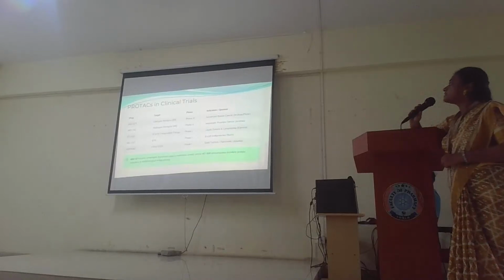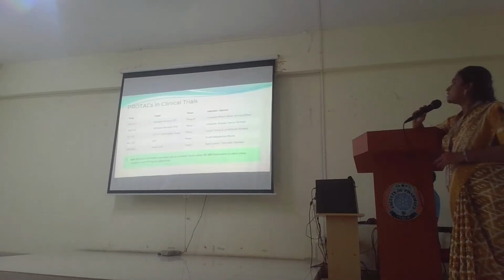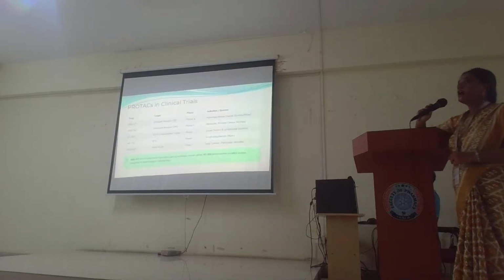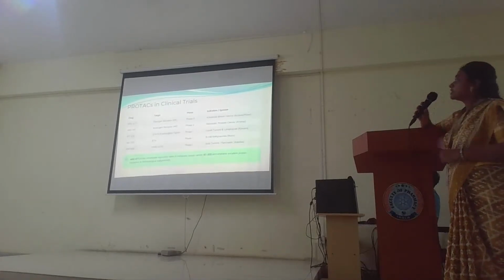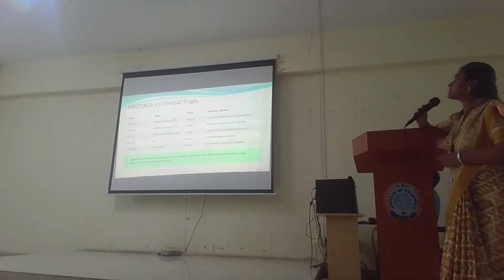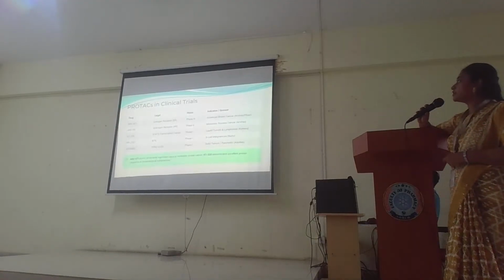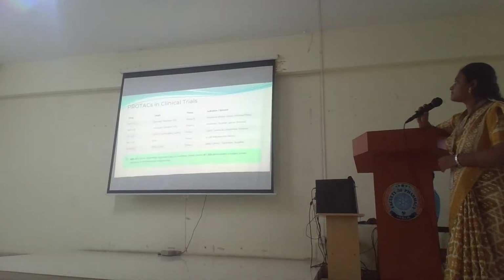Some of the products are in clinical trials. Companies like Arvinas and Pfizer are sponsoring these drugs. These drugs are targeting enzymes, the estrogen receptor and androgen receptor, and they are in these particular phases.